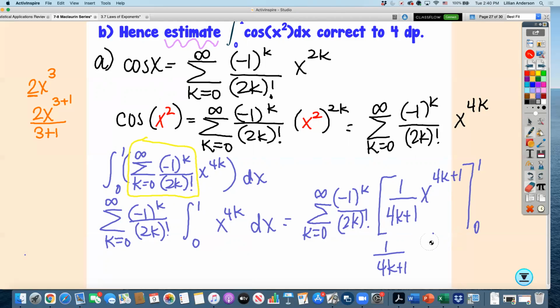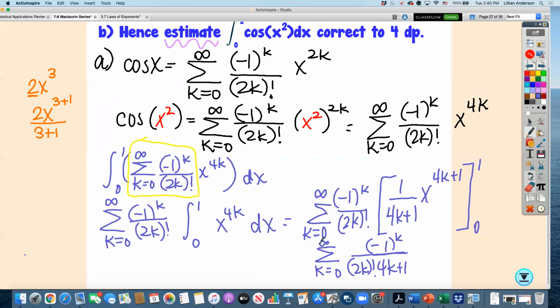So then this becomes negative 1 to the k power over 2k factorial times 4k plus 1, of course with the summation notation.